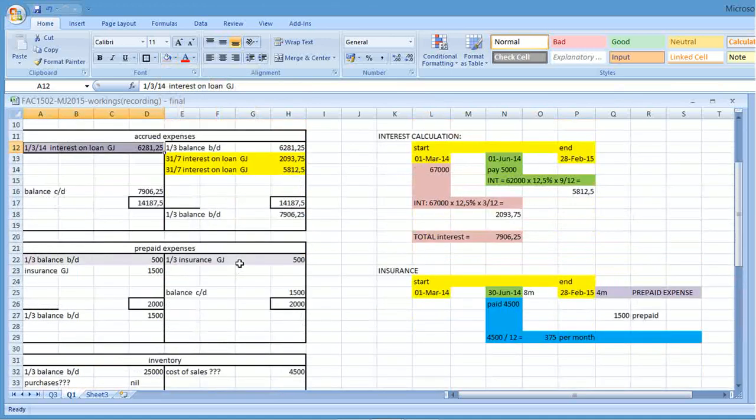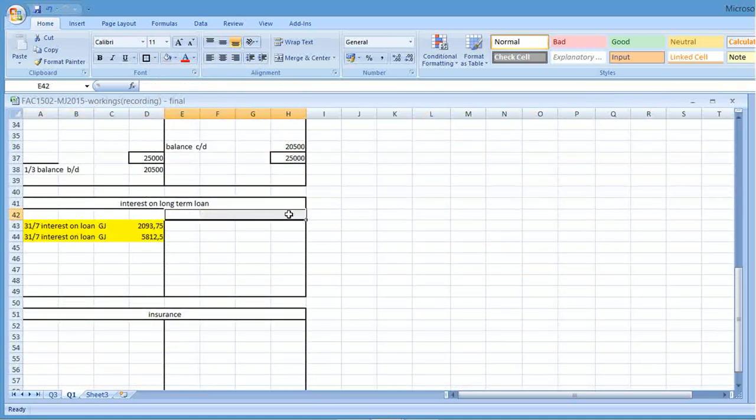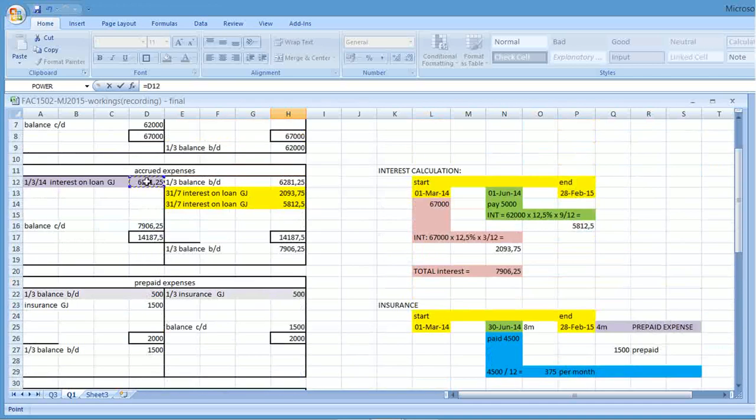And then we'd obviously have to show that here as the processing of that particular expense. Okay, you could have done this earlier if you wanted to. I didn't look at the interest. We did the calculation, we didn't do the recording. So that would have been for 2015, and this would have been your accrued expenses opening balance. Right, that's the credit, and that credit's referencing this debit.